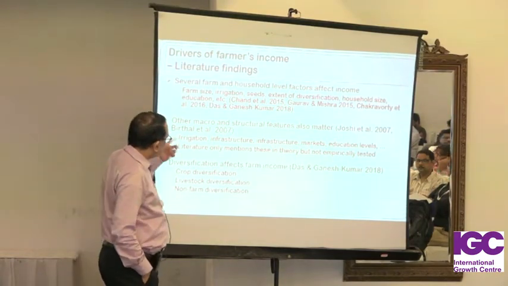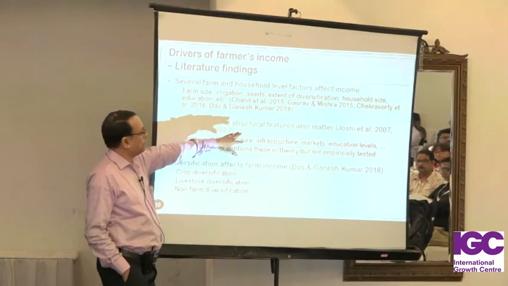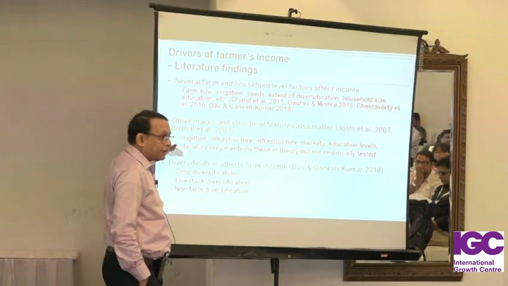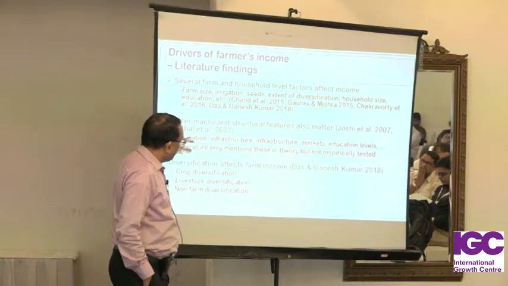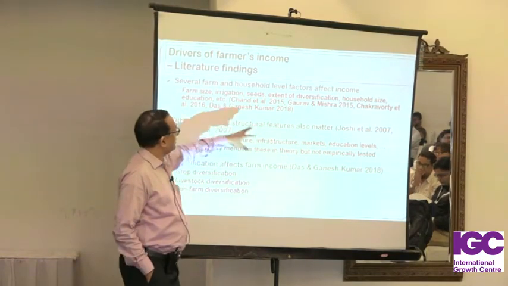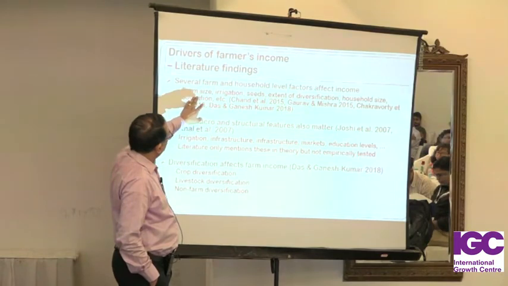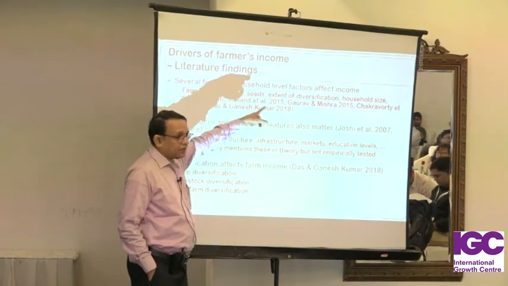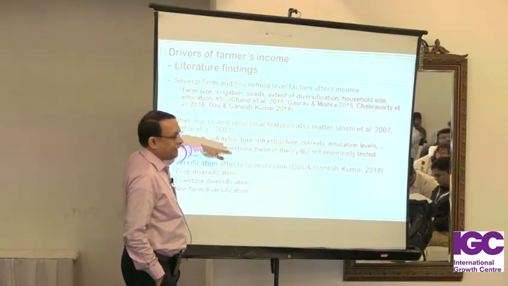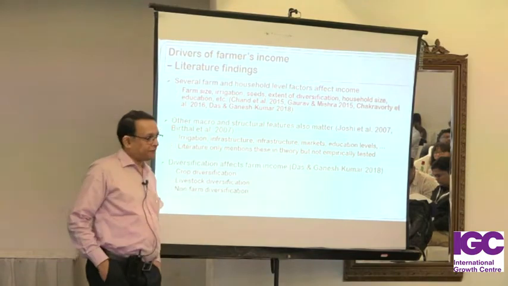Now the thing here is that all these macro level structural features that people have talked about as important are all mentioned. The studies that look at the household level income, farmers' income at the household level, cite these things, but they don't appear directly in the analysis.